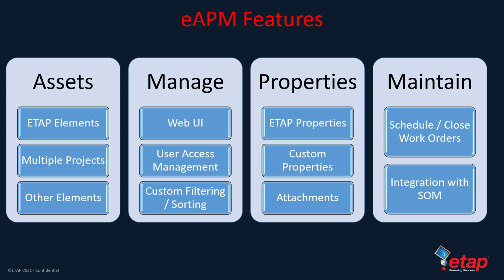Properties, you can bring in ETAP properties, so for instance your nominal voltages, your ampacity, all of that information that's stored in the ETAP model, you can bring into asset management and visualize on the web. But you can also bring in custom properties. Let's say the owner of the asset, or the location of the asset, or an email address, or a phone number, or serial number.